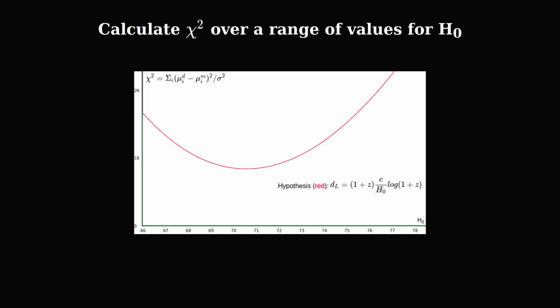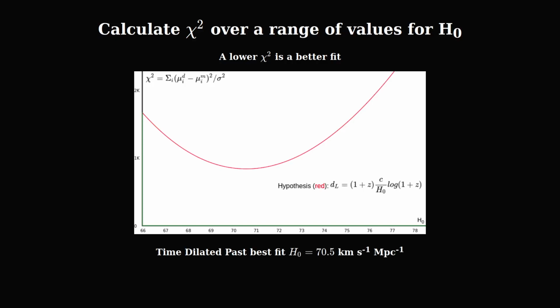If we do that over a range of values for H sub 0, what we're looking for is the smallest sum of squared errors, and we can see here that the hypothesis has 70.5 kilometers per second per megaparsec for Hubble's constant as its best fit.